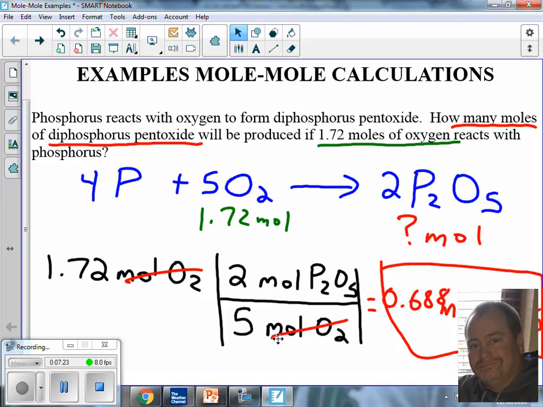Molar ratio, balanced equation. That is totally independent of this 1.72. The only thing we use is this label to determine what goes on top and what goes on bottom. Divided by what I know. I multiply this and this, and then I divide by that once I get the answer.